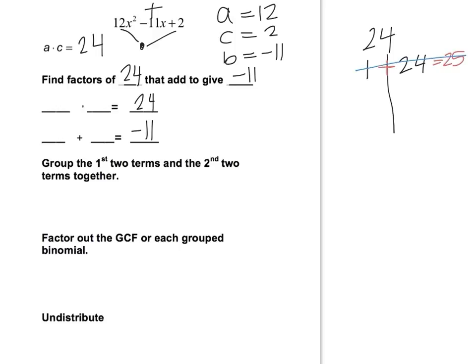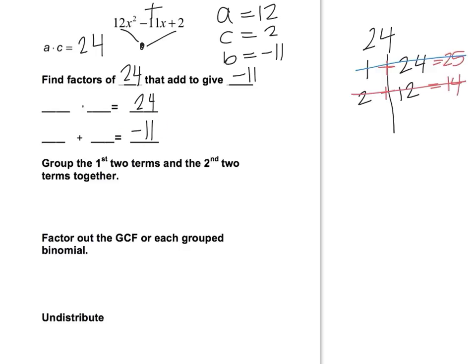What else multiplies to give me 24? 2 and 12. 2 times 12 is 24. But if I add them, that will give me 14. You see, I'm getting closer. So that's not it. But then I realized that every time I'm using those numbers, I'm getting positive numbers. But 11 is negative.